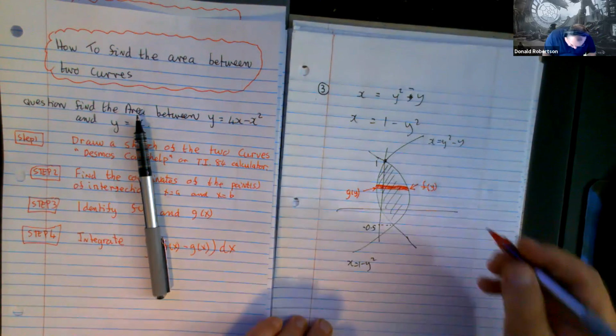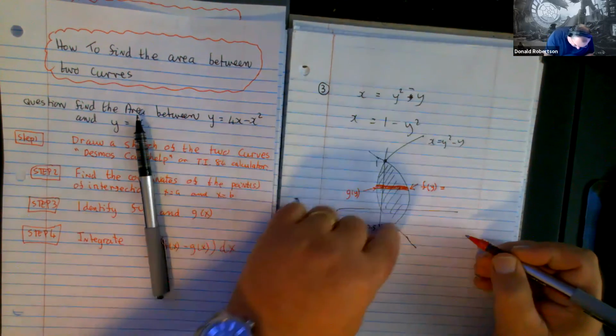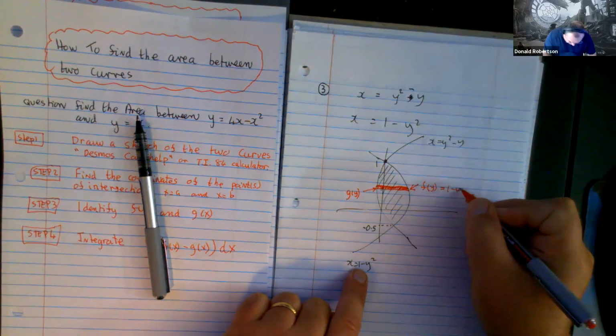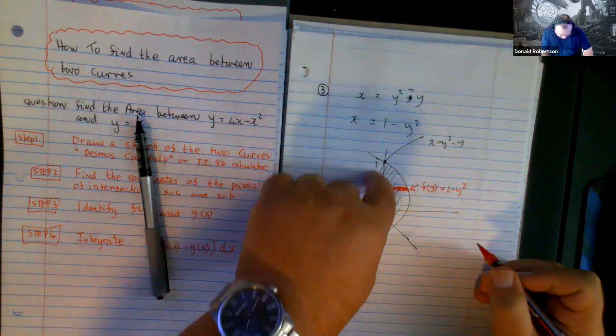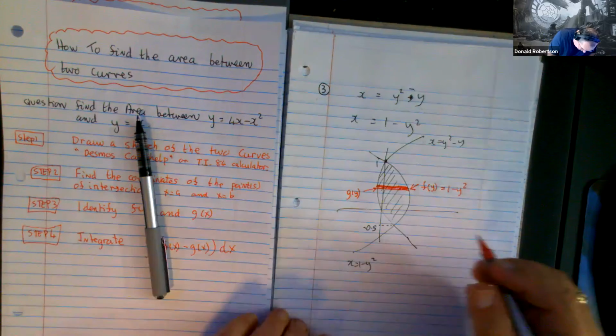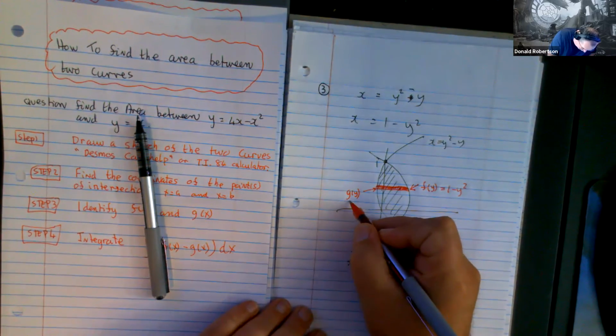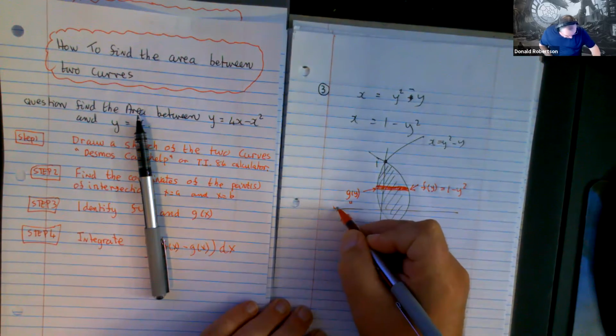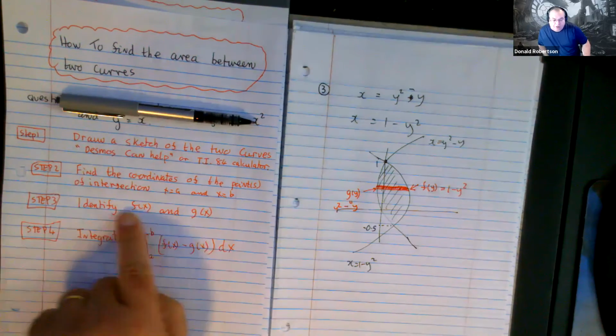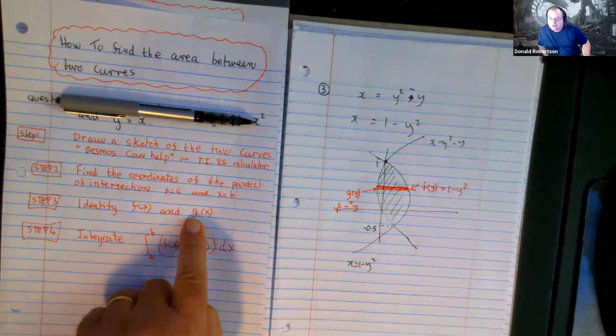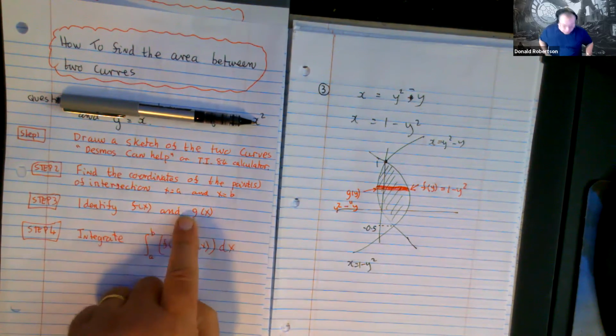And in this case, the f of y is 1 take away y squared. And the other curve, which is this one, is y squared minus y. So we've now identified who the f and the g are. In this case, f of y and g of y. And now we're going to integrate.